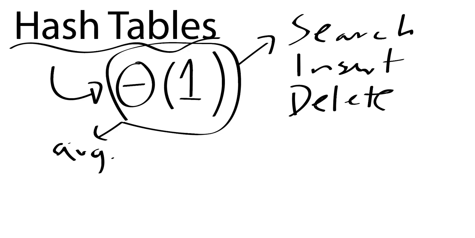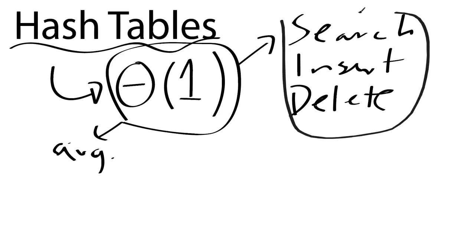Okay, so now keep in mind that we did talk about these balanced BSTs and how we can use them to implement a dictionary, and those were all logarithmic time operations, but they gave us a few more operations than these hash tables can, right? So if these three operations are all we need, then yes, we should use hash tables for this very, very quick runtime.